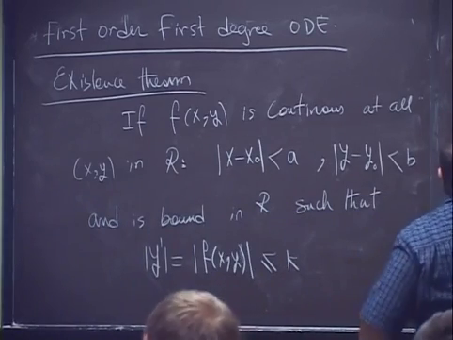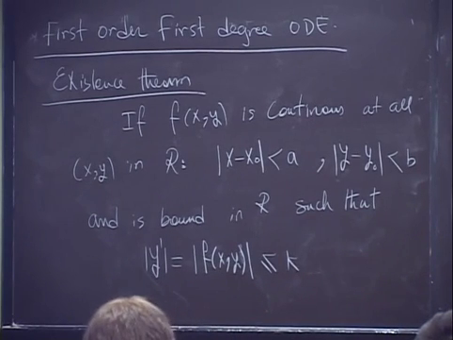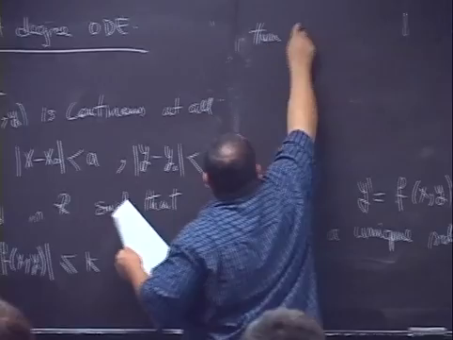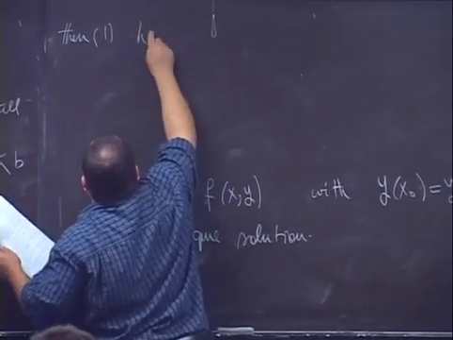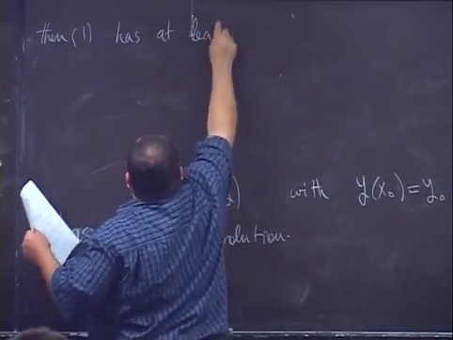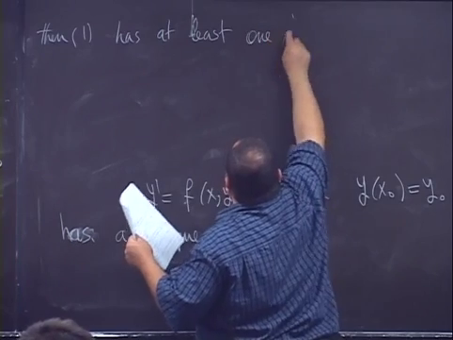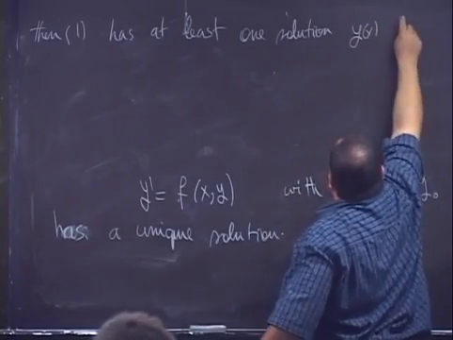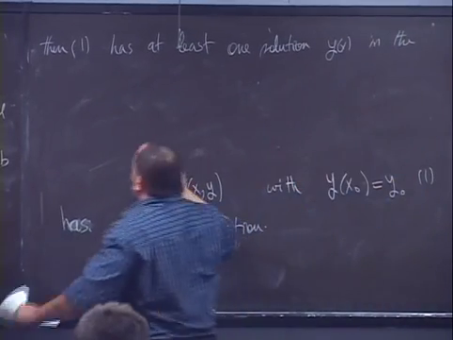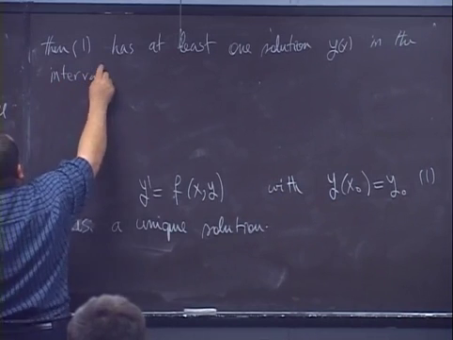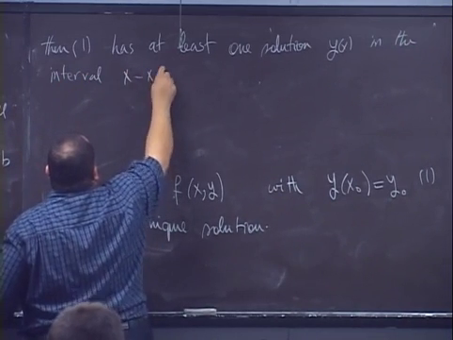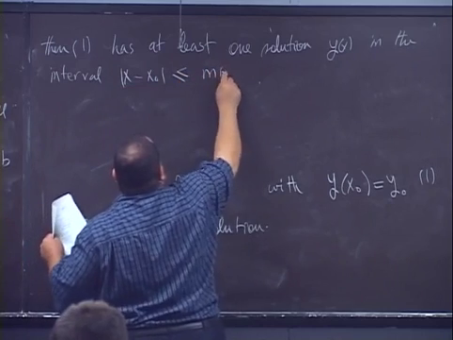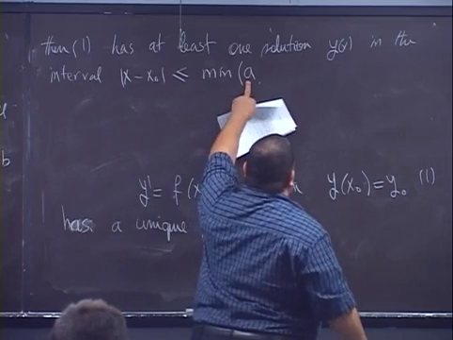We will say that 1 has at least one solution y of x in the interval x minus x naught less than or equal to the minimum of the bound value for x, which was a.